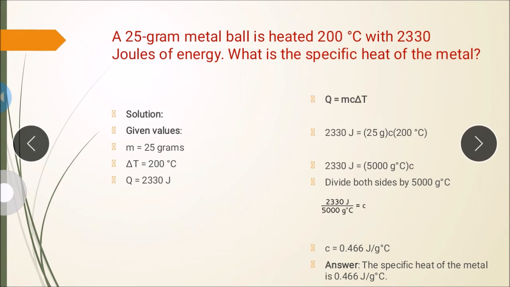So next problem: a 25 gram metal ball is heated by 200 degrees centigrade with 2330 joules of energy. What is the specific heat of the metal?